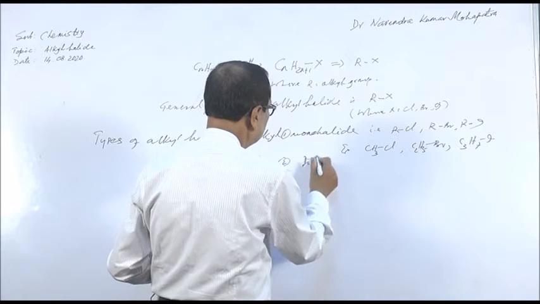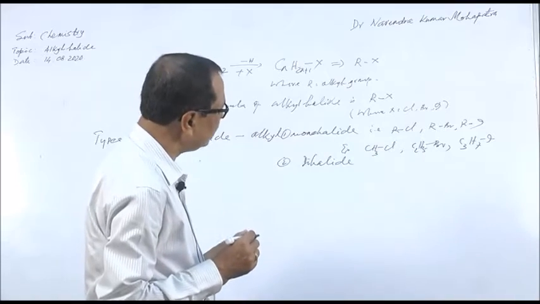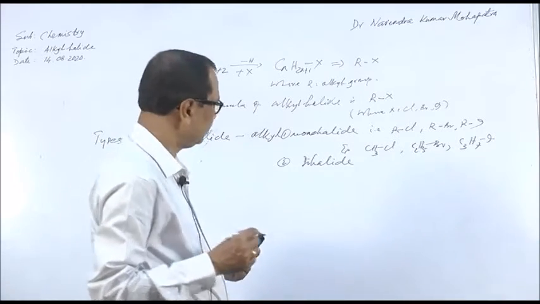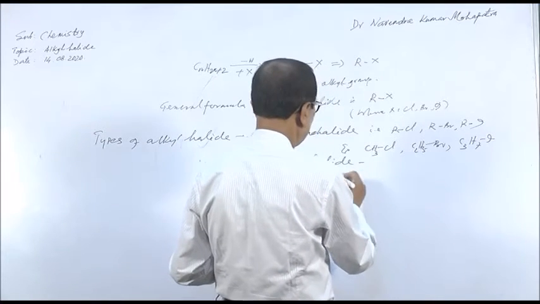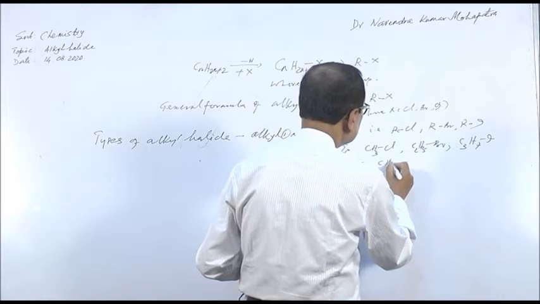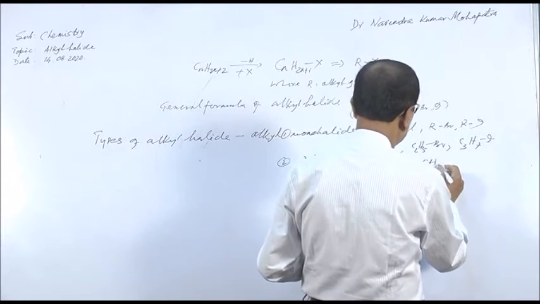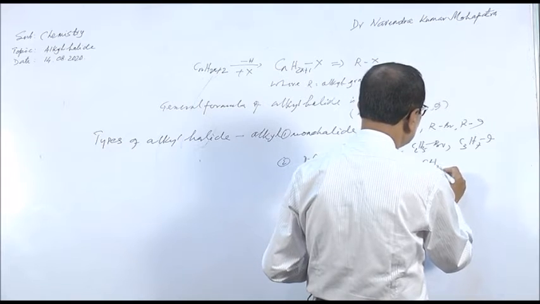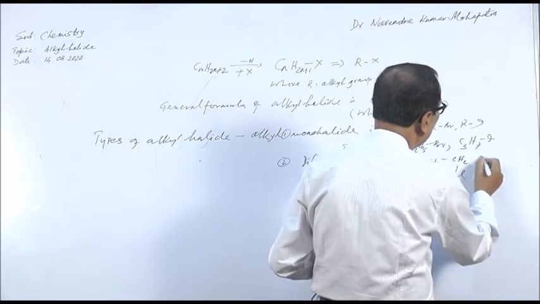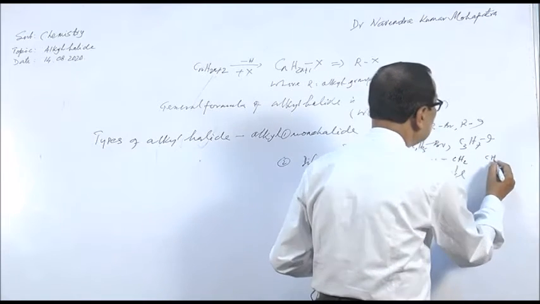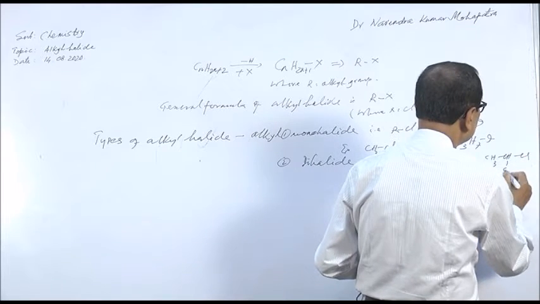It may also be dihalide, where two halogen atoms are replacing two hydrogen atoms. Dihalide examples are CH2Cl2, CH2ClCH2Cl, or CH3CHCl2.